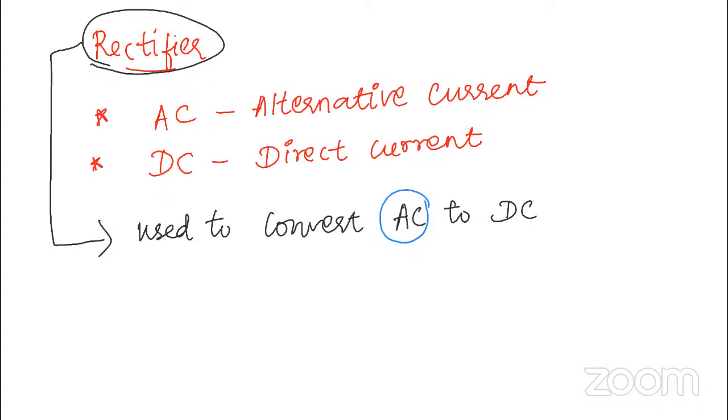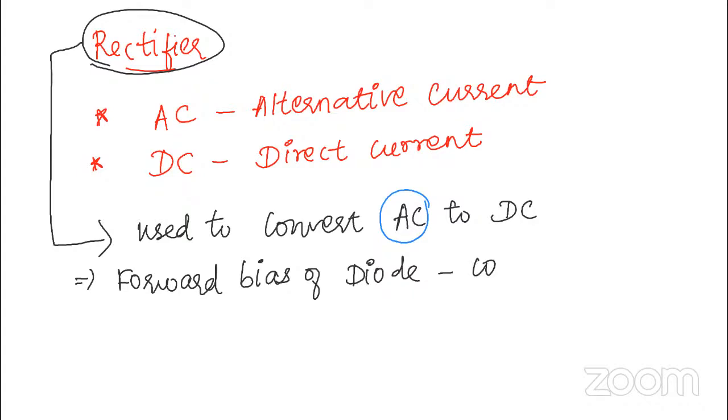So for this rectifier circuit, if the diode is connected in forward bias, it starts the conduction.